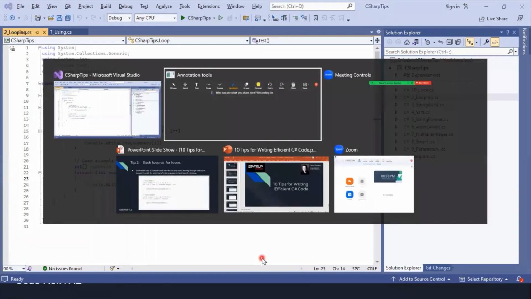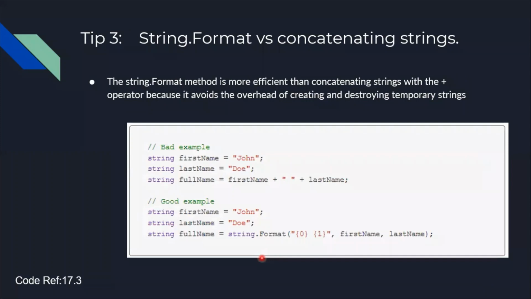Okay, now we have to return to our third slide. Tip number 3, please use string.Format when you try to concatenate strings, not the plus operator. It will lead to better performance as it avoids the overhead of creating and destroying temporary strings.